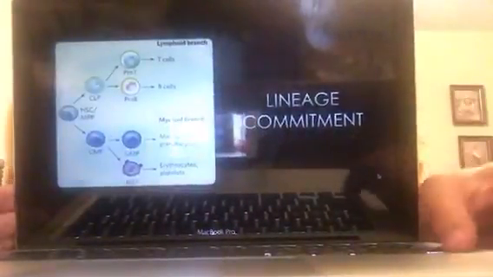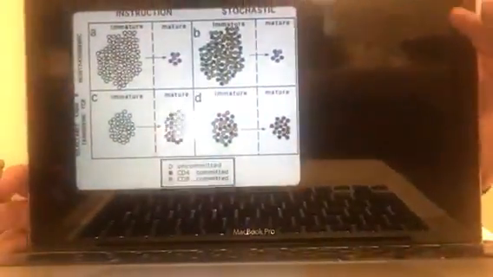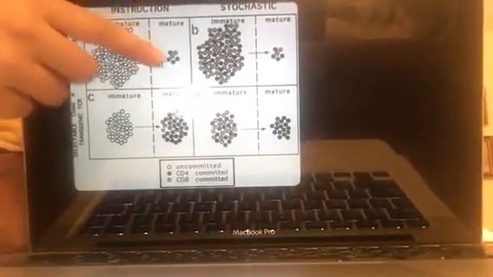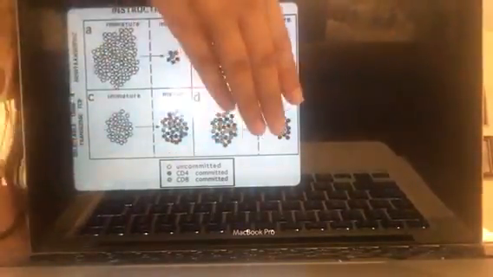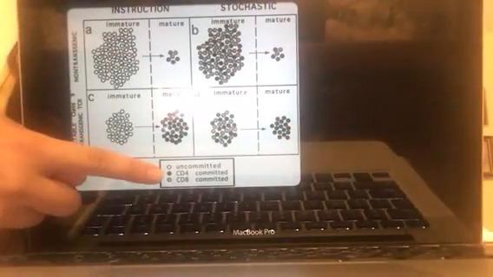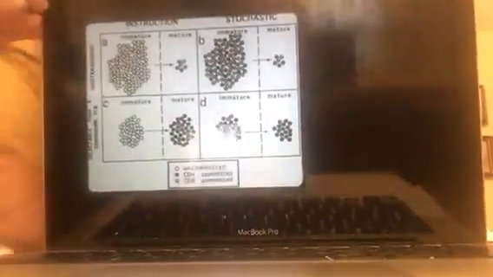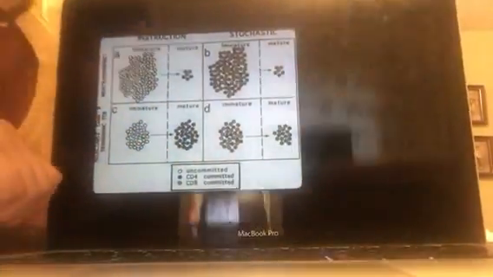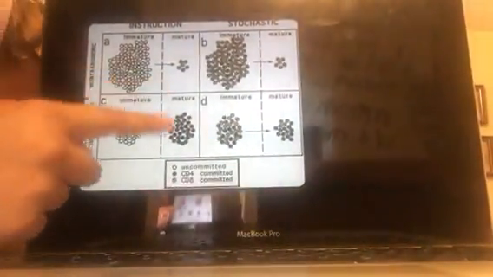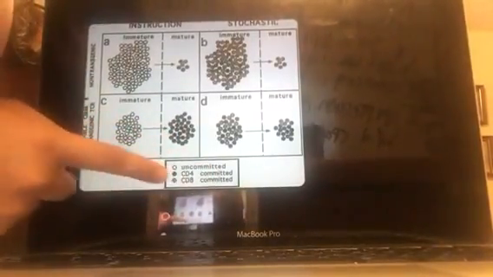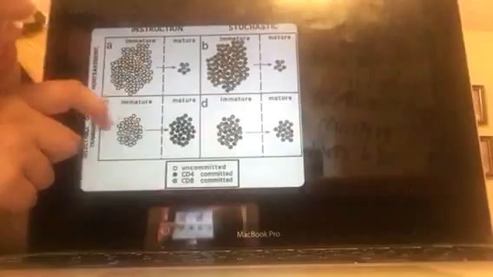This first picture is going to show you the immature on this side, and the mature on this side. So we're not going to look at the stochastic. Well, actually, it looks like we are going to have to look at the stochastic. Can you see the difference in them? The dark bubble is going to be the CD4 commitments, and the light bubble is going to be the CD8 commitments.